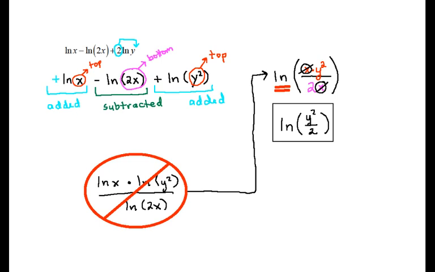There is no in-between step where we have a product of logs, right? So try to avoid doing this because it's incorrect, and it may lead you to do incorrect things in other contexts. Just skip that and go straight from a sum and difference of logs to the log of a product slash quotient.